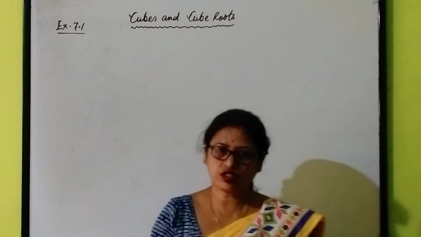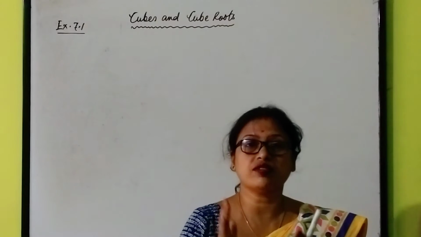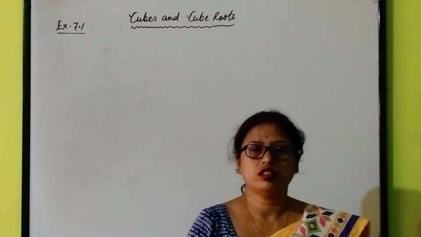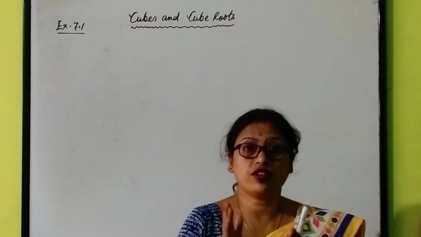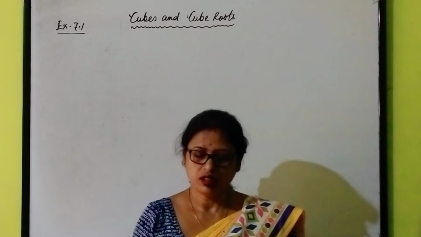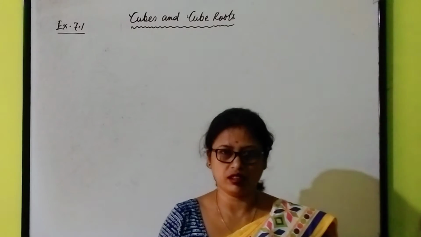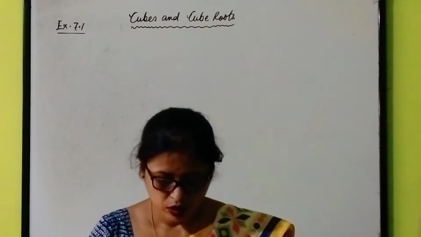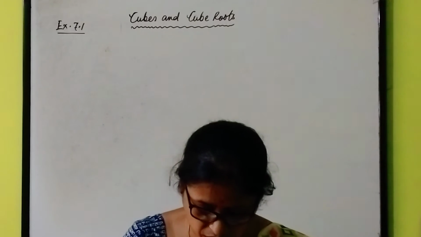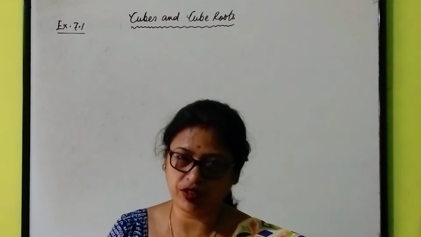First of all, let us see, if a number is given to you, how to find out whether this number is a perfect cube or not. For this, I am not going to any example. The first question of the exercise is itself the same thing. Exercise 7.1, question number 1: Which of the following numbers are not perfect cubes?